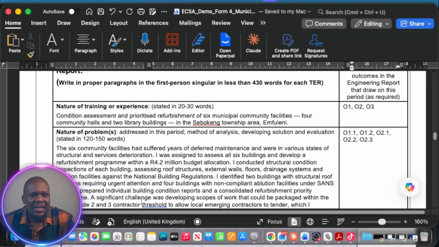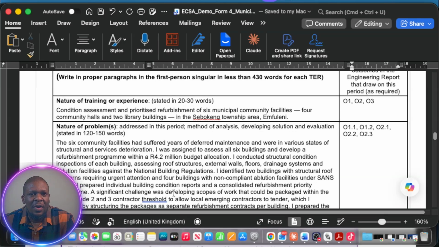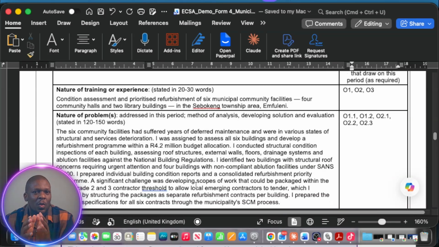Then a significant challenge was to develop the scope of works that could be packaged within the CIDB grading. It means that you intended to use what? External contractors. You intend to package it in a way that grade 2 can do this kind of work, grade 3 contractors can do that kind of work.